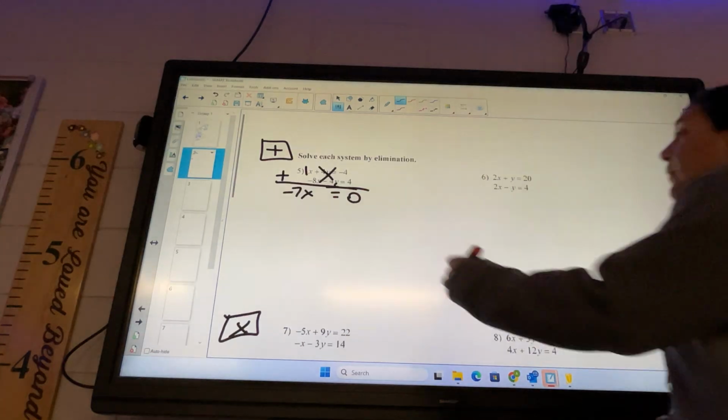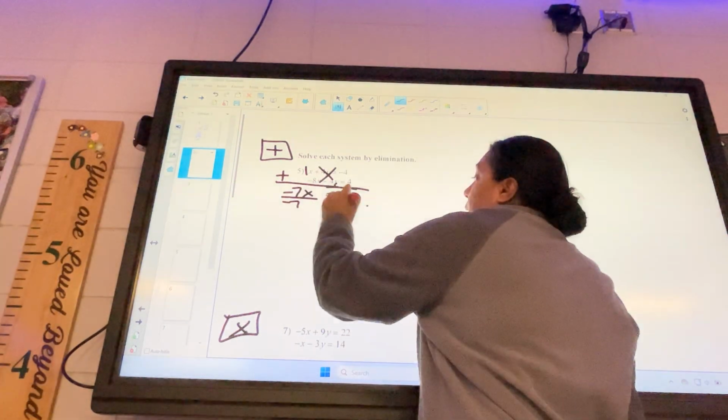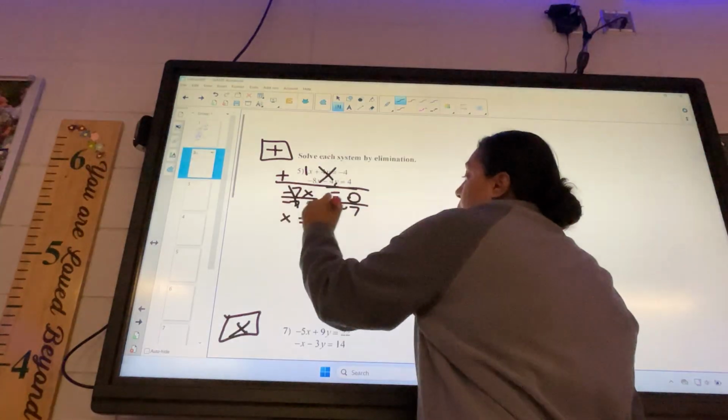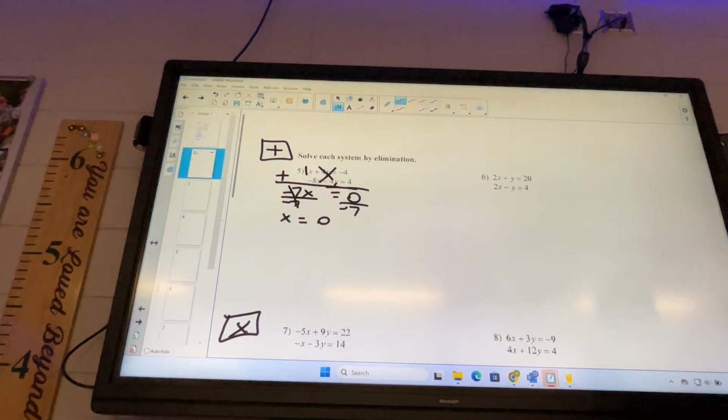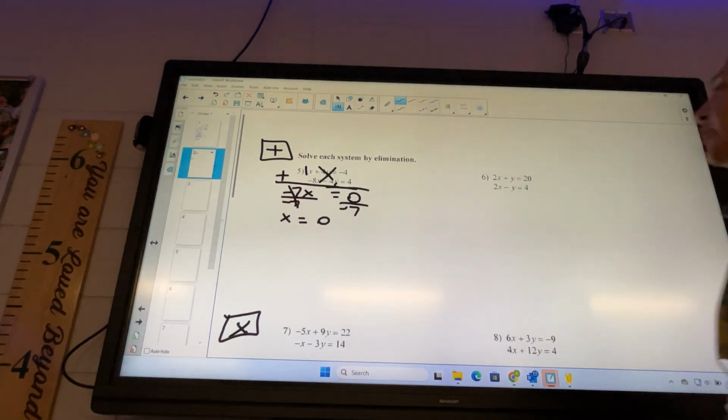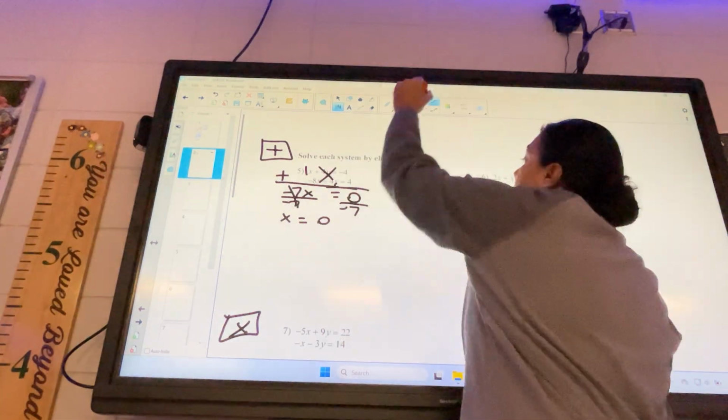Divide by -7. So we get x equals 0. Okay, and so now we need to find y. What do we do now? Plug it in. Does it matter which one? No, you just pick one. Which one would you guys like to use? The top one?